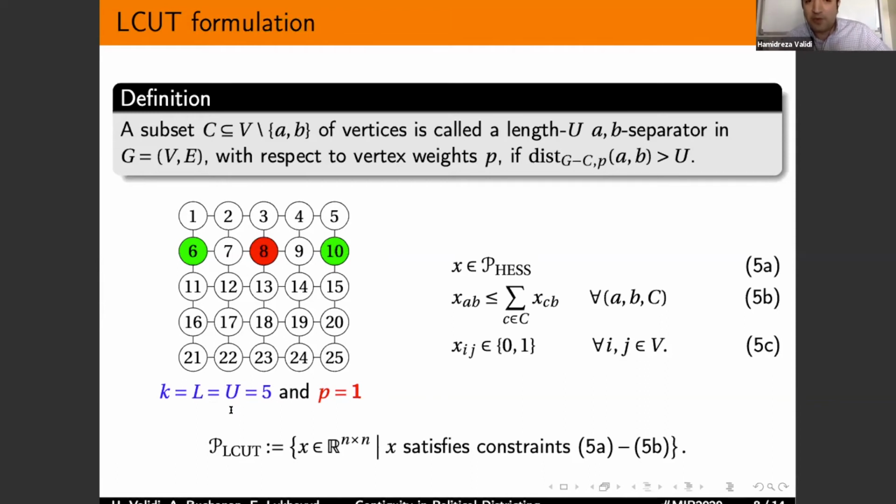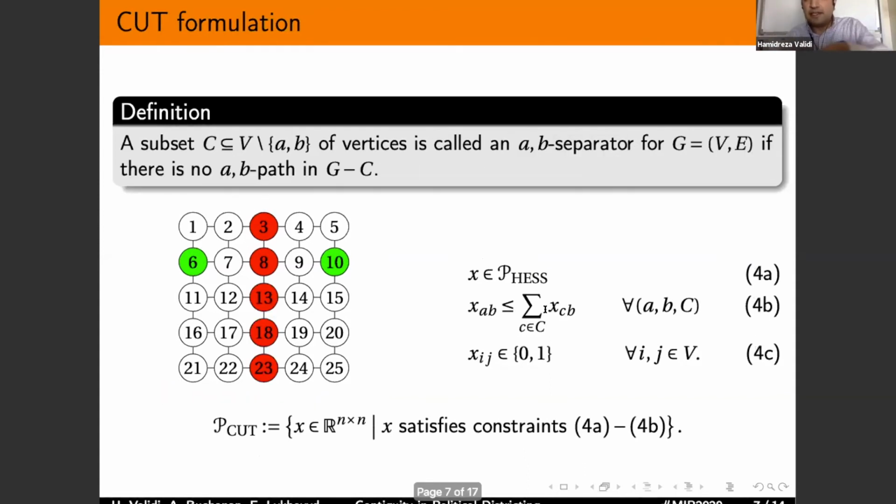But what is the upper bound for population? It is 5. So it is violated. It means that if I remove vertex 8, then there is no way that 6 and 10 can be in the same district.